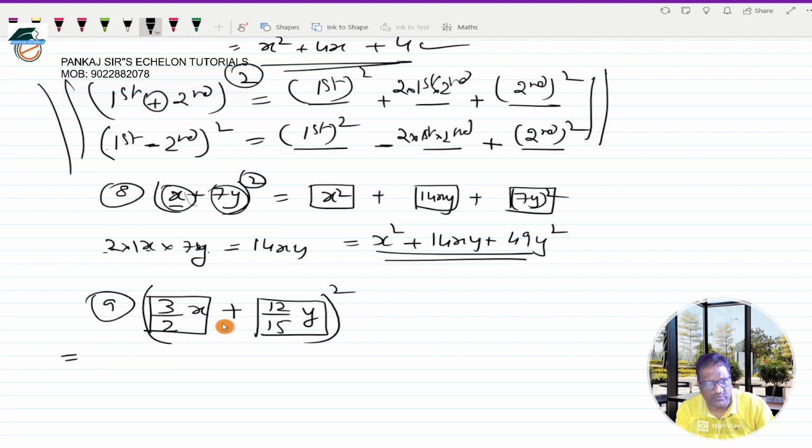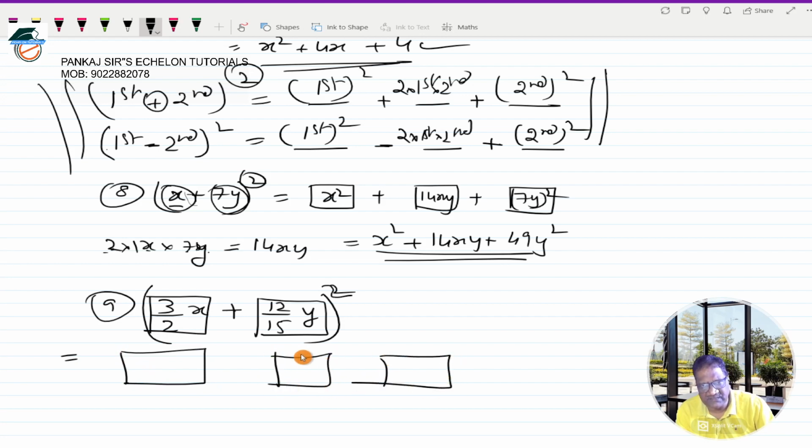So what you have to do is, because there's a 2 over here, I'll get 3 boxes, 1, 2, 3. Because there's a plus over here, there'll be plus over here and plus over here. Then in the first box I'll get the first term squared. So 3 by 2 squared will be 9 upon 4, and x squared will be x square. So it will be 9 upon 4 x square.